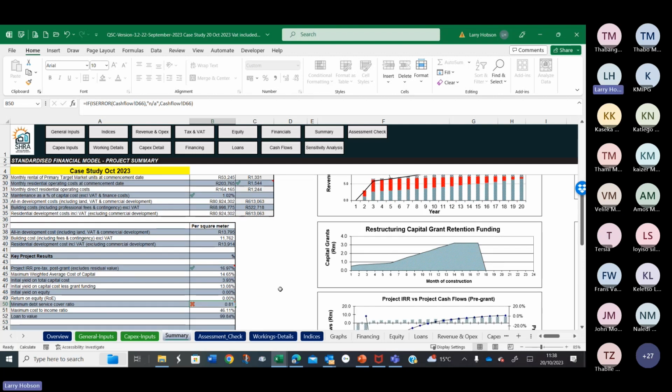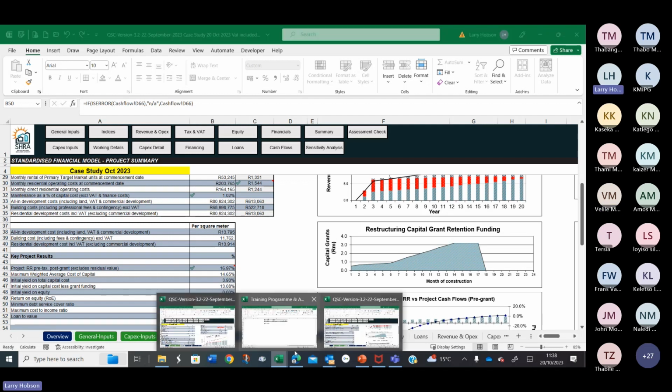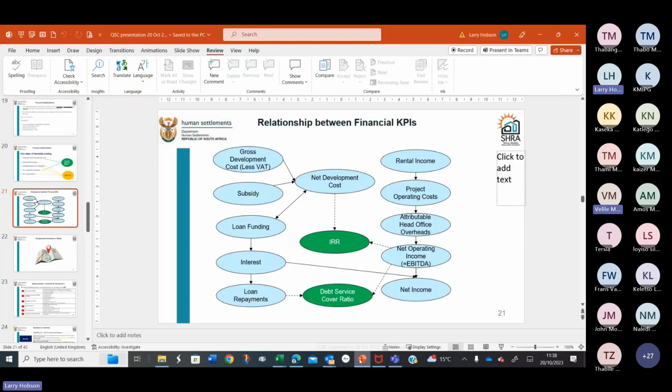Now we've already been through all of those other things we can change. Remember, if we go back to the PowerPoint presentation, when we were at ODA, it was the IRR that was in trouble.